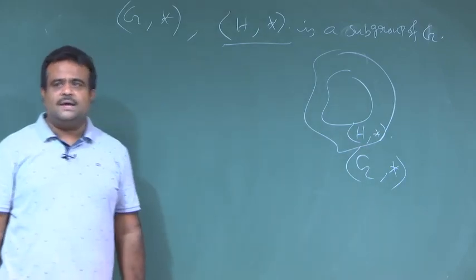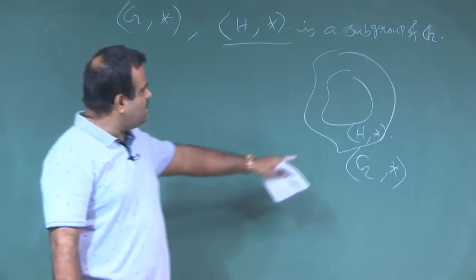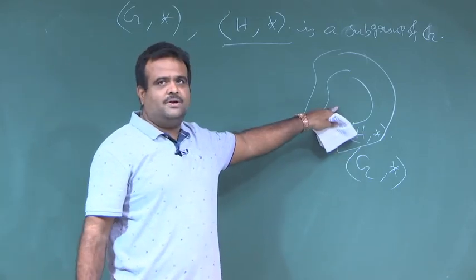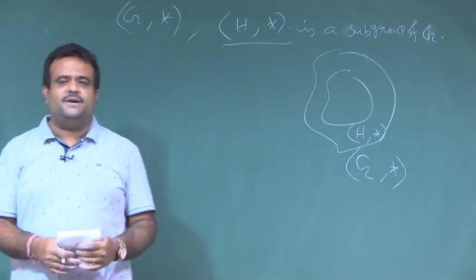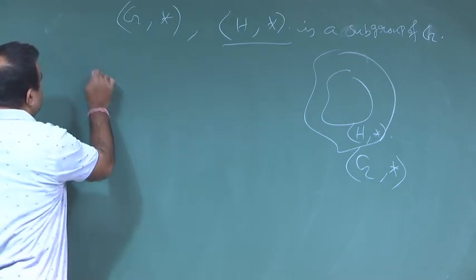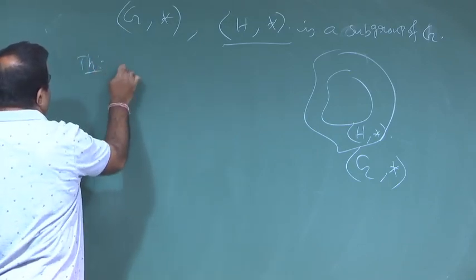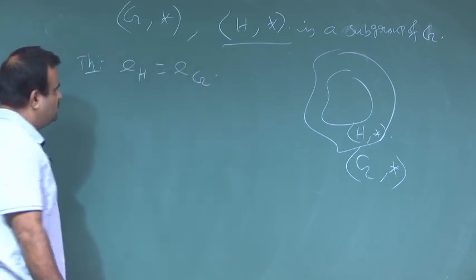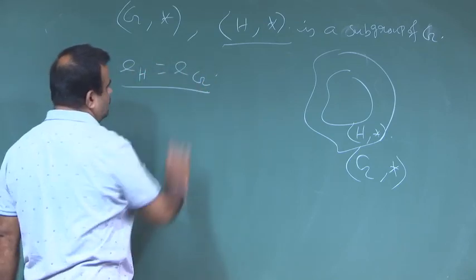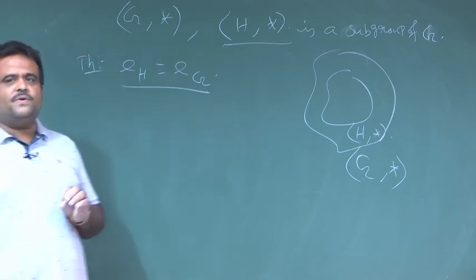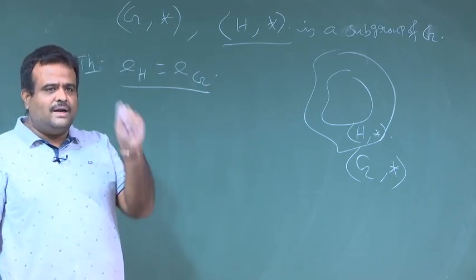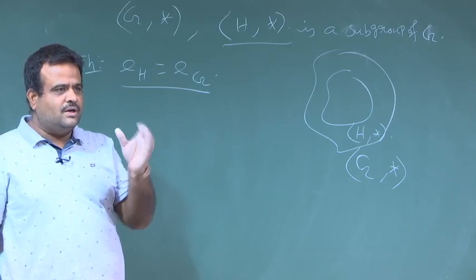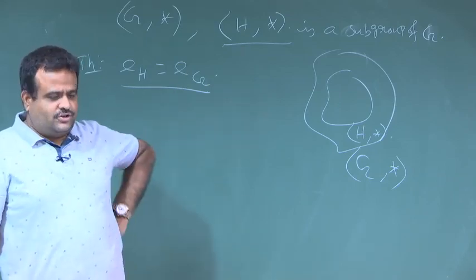Now, our claim is that the identity element of G must be the identity element of H. So, they have the same identity element. This is another theorem. In other words, the identity element of G belongs to H.